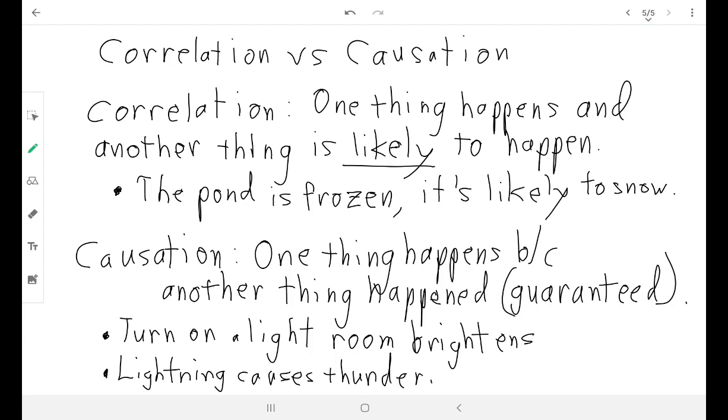There is absolutely no way to have thunder without lightning, and there is absolutely no way that lightning happens without there being thunder. Now, whether you can hear that thunder is another question. Sometimes the lightning is so far away that the sound can't travel that far. But guaranteed, every time there is a strike of lightning, there is a roll of thunder that accompanies it. Every single time, it is a causation thing.